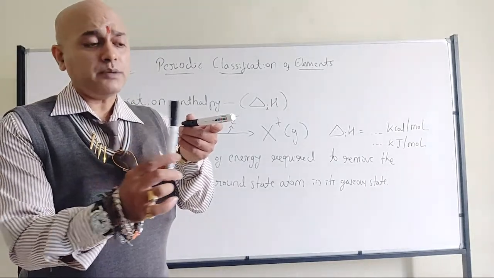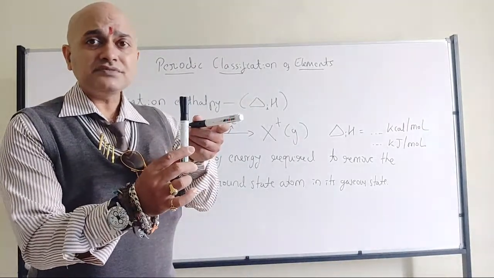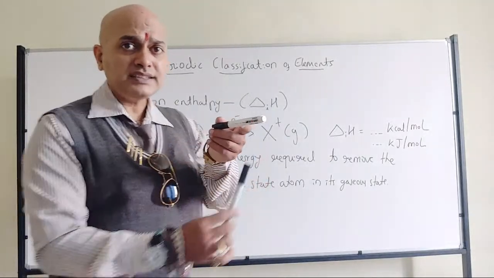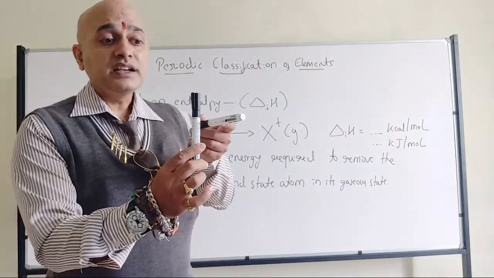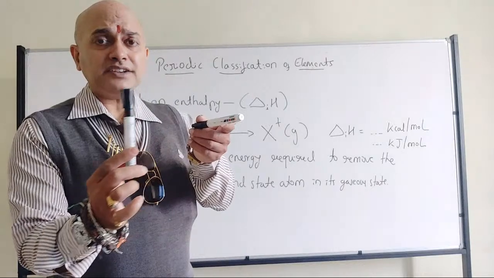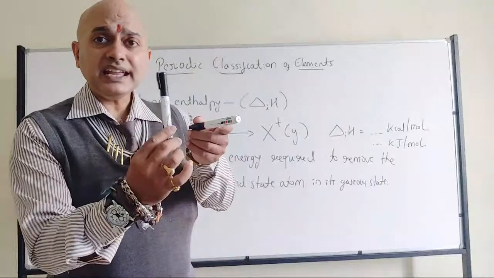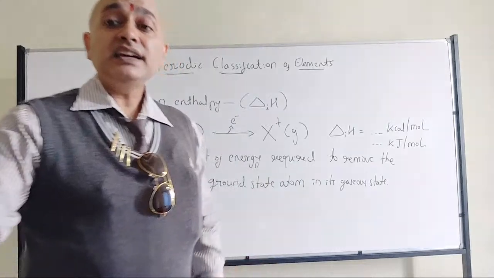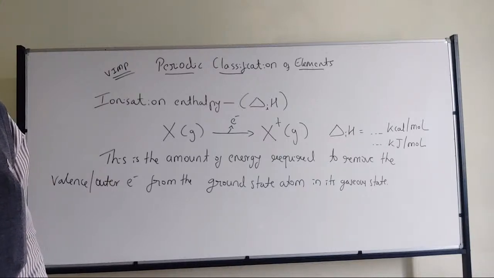The same logic is applicable here. I have the atom, with the nucleus, and the electrons revolving around the nucleus. The nucleus is positively charged and the electrons are negatively charged. If I want to take an electron away from the atom, naturally I have to apply energy, because I am taking a negative charge away from the positive charge. So energy is required for this particular process, and that is called ionization enthalpy.